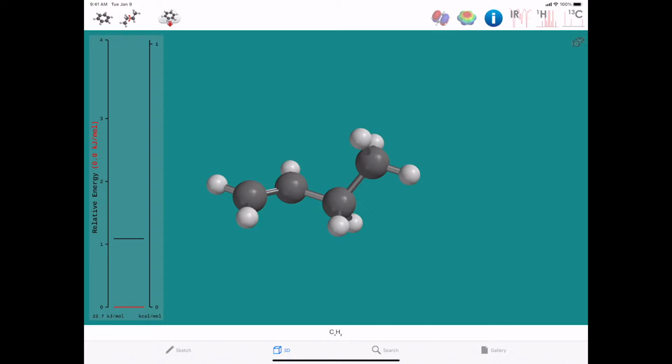See that? And that's a difference that's worth about a kilocalorie per mole. It's kind of on the order of, I believe, a methyl gauche interaction.